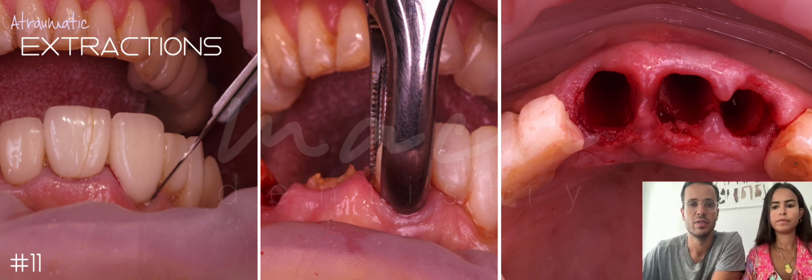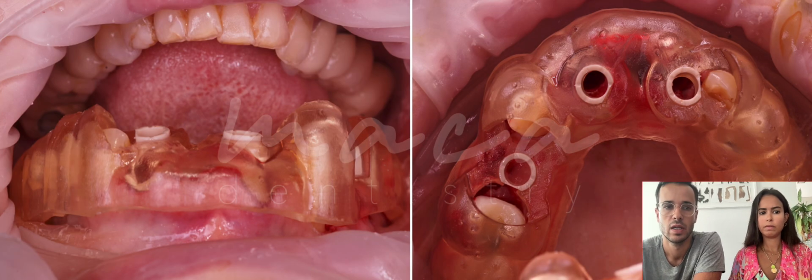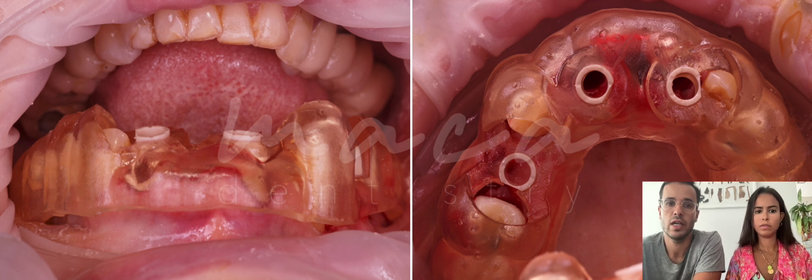So, same story. The first part, and really important, is being very careful with the tissues in order to preserve the soft tissue and also the bone. So you have to be very careful using the blade and doing an intrasulcular incision, and then the forceps to do the extractions. After the extractions are done, we can place the guide and check its fitting.